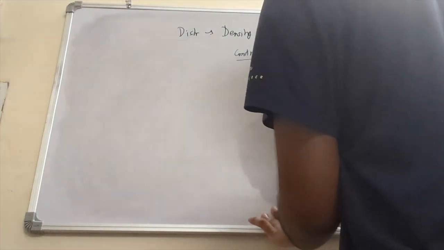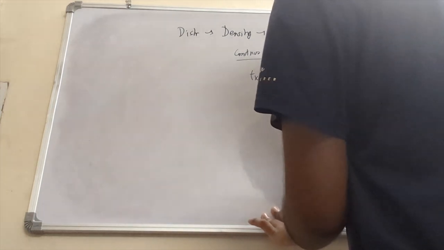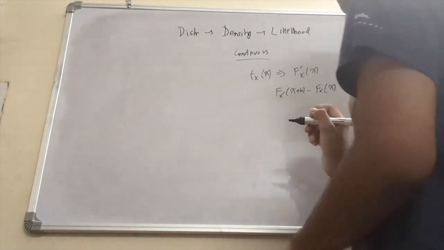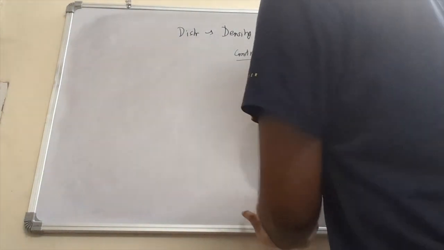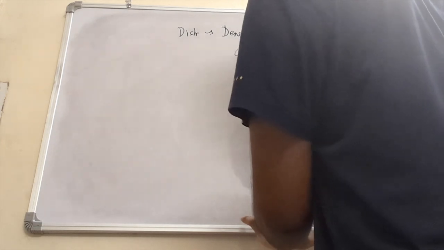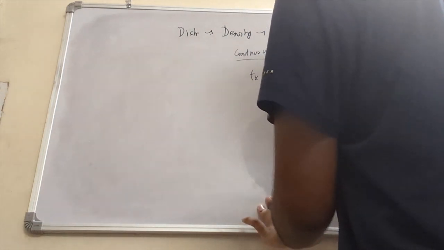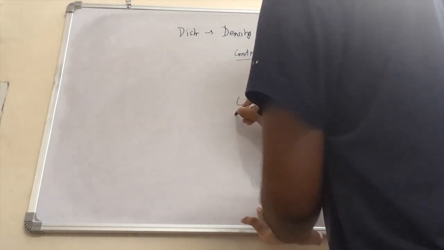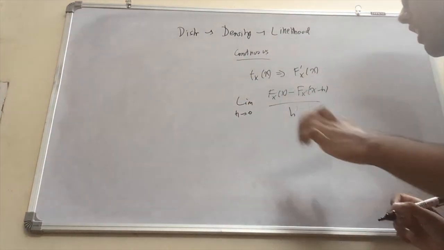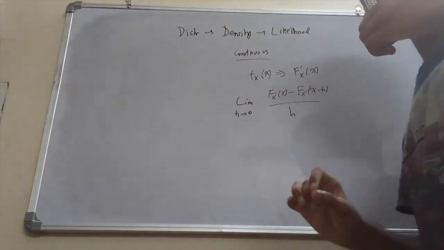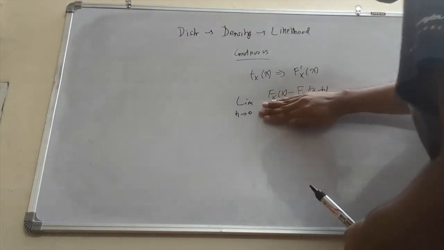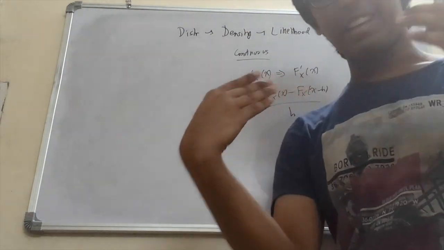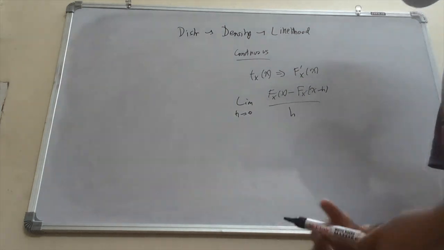Or you could just say, I think the better notation would basically just be F of x minus F of x minus h, divided by h, limit as h tends to 0. This is also the definition for the discrete case if you remove this part, right? And now I would encourage you to think why that is true.